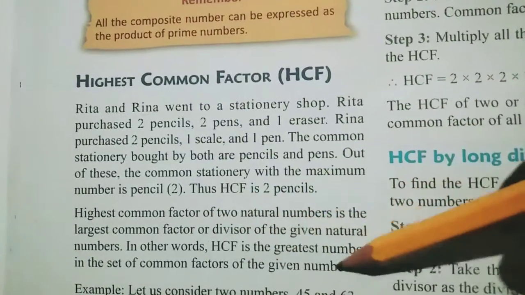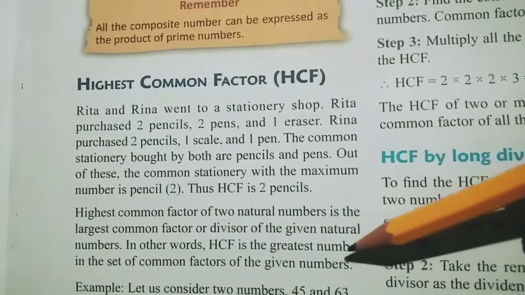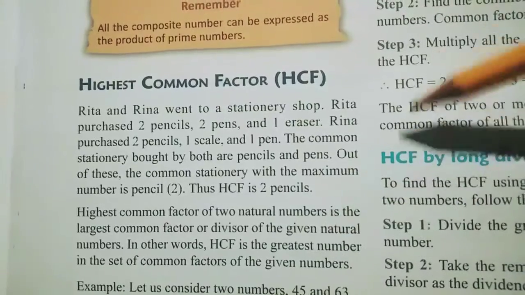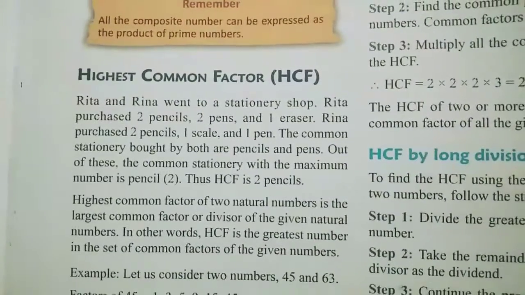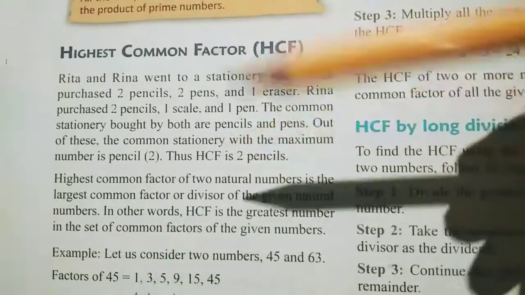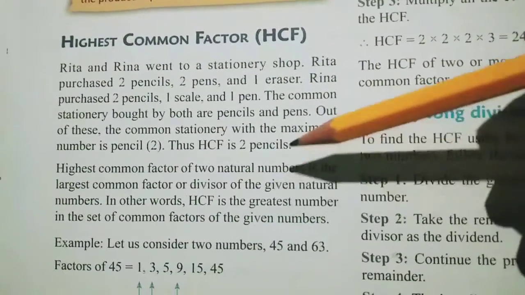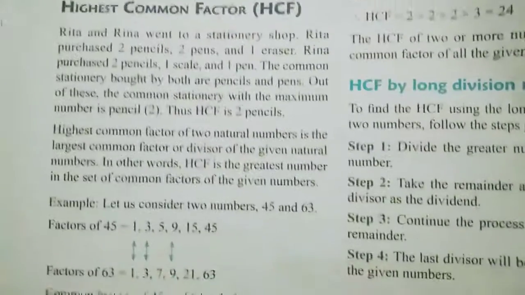In other words, HCF is the greatest number in the set of common factors of the given numbers. Understood? Between two or three given numbers you have to find the common factor, and that common factor should be the greatest, that means the highest. That is called highest common factor.